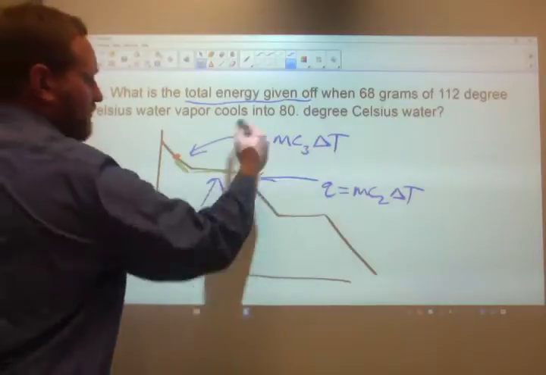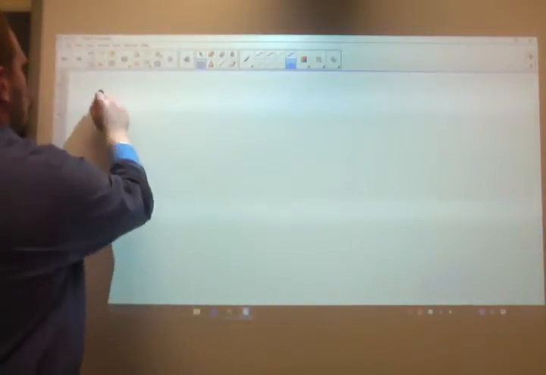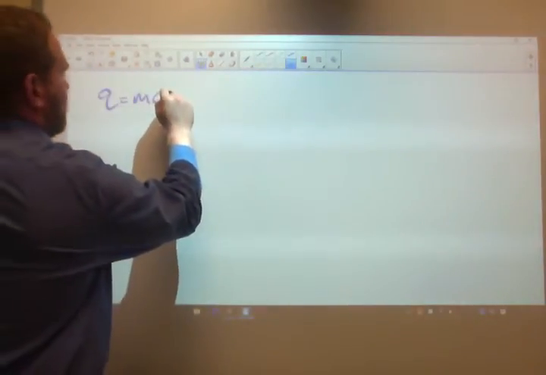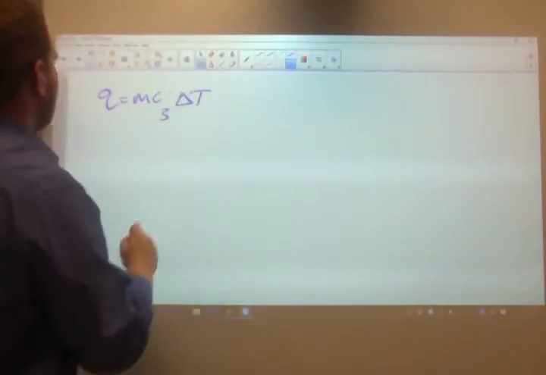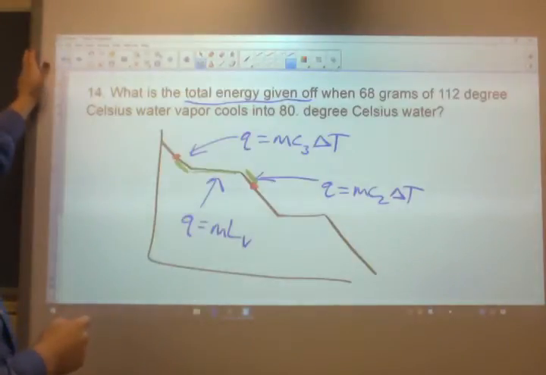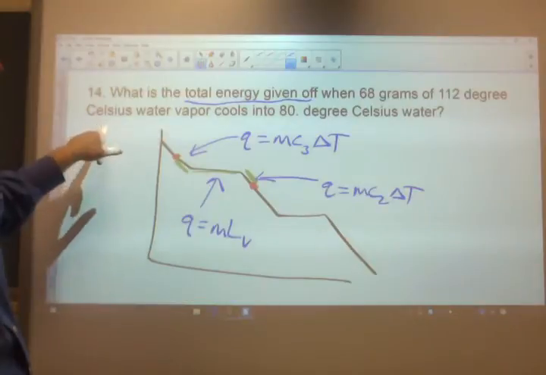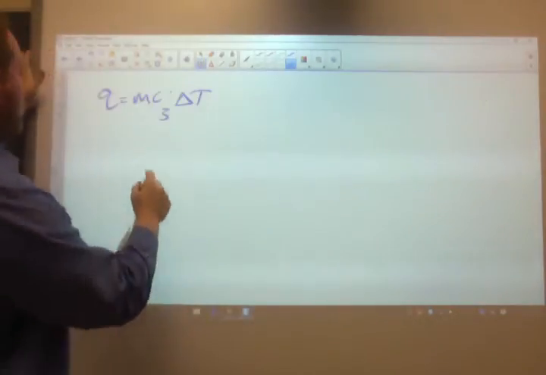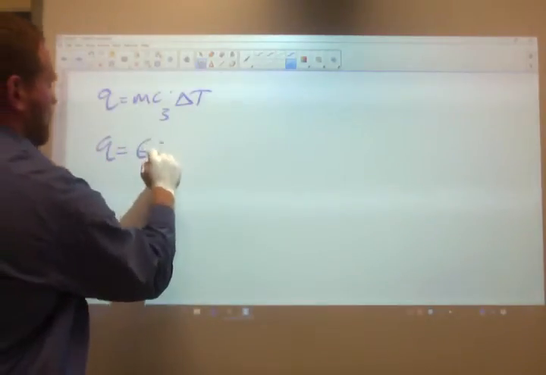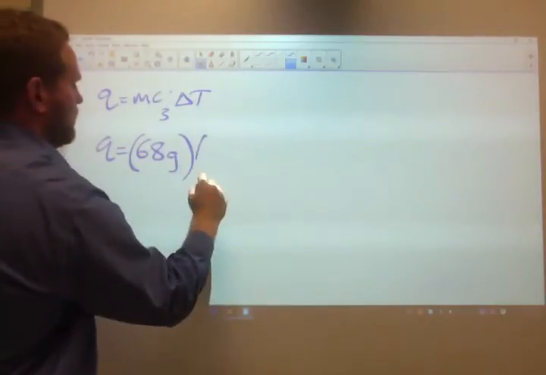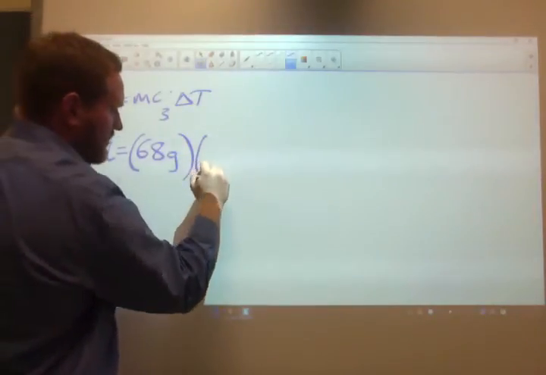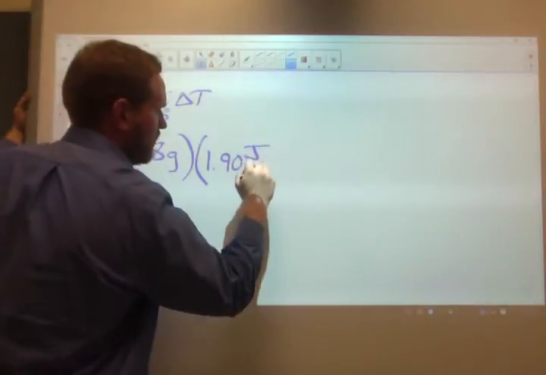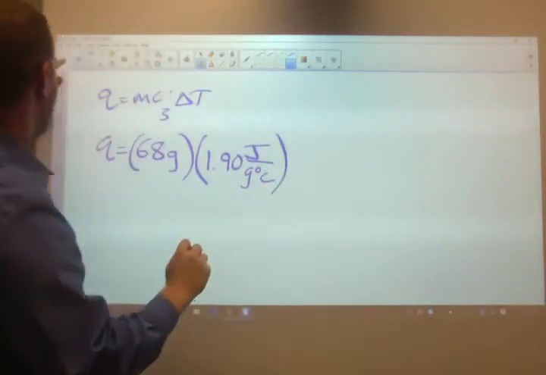So let's do this one first. Q equals mc3 delta T. Mass is 68 grams. C3, you've got to look that up. It's 1.90 joules per gram degree Celsius.